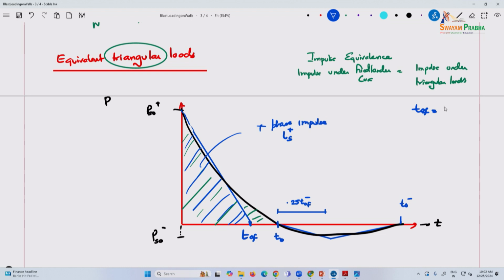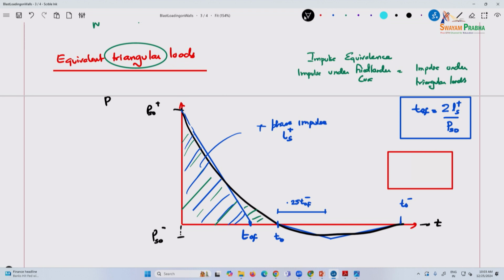TOF is 2 Is plus divided by the pressure. What you see out here is the peak pressure does not change, and then the impulses are equated. Same thing with the negative impulse part of it.